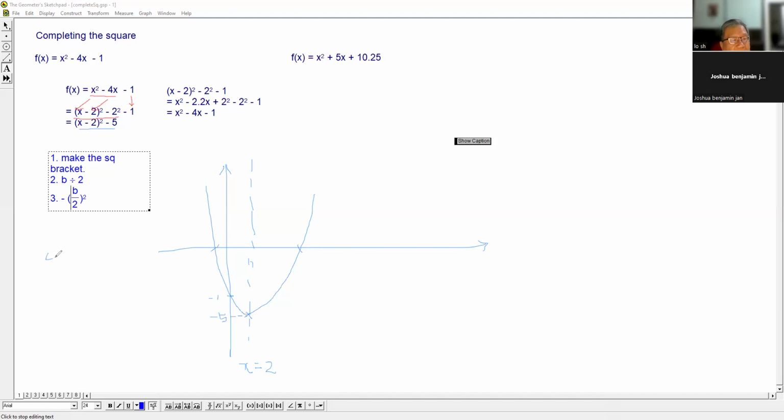Minus b plus or minus square root of b square minus 4ac, where a is 1, c is -1, divided by 2. So this is 4 plus or minus square root of 8 divided by 2. This is 2 plus or minus square root of 2.